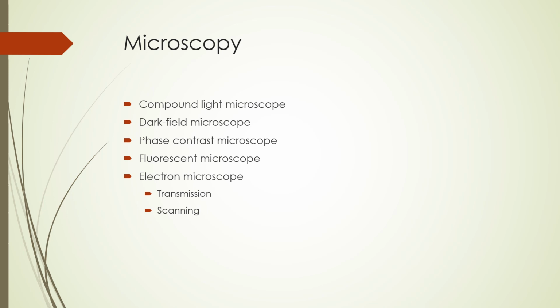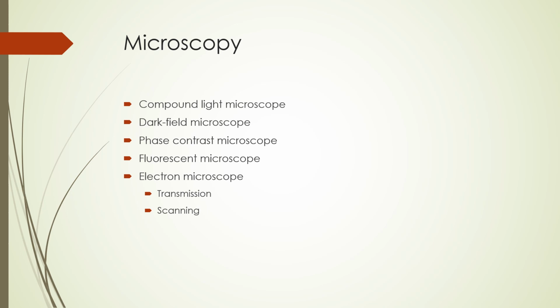We have phase contrast microscopy, which bends the light through the ring-shaped condenser and puts a halo around things that have a low refractive index. We have fluorescent microscopy, which uses a fluorochrome like fluorescein isothiocyanate.